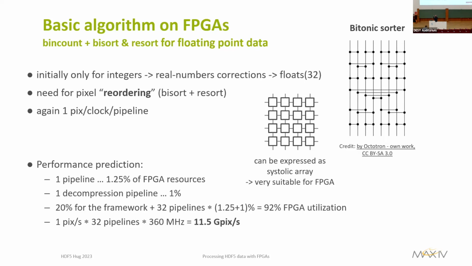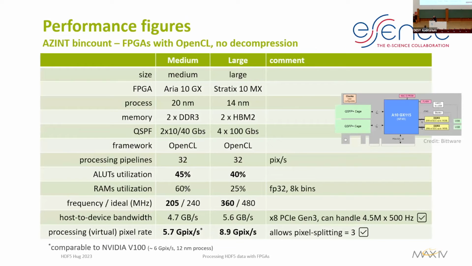And this can be expressed in the languages of systolic arrays, and that's actually all quite good. If something can be understood like systolic arrays, then it can be naturally implemented well on FPGAs. A basic calculation shows that we should be able to reach 10 gigapixels per second.